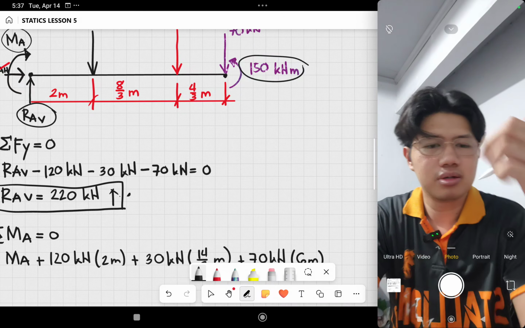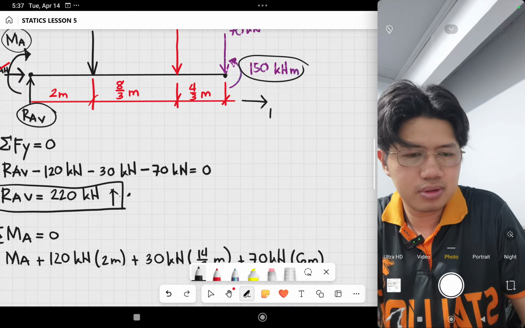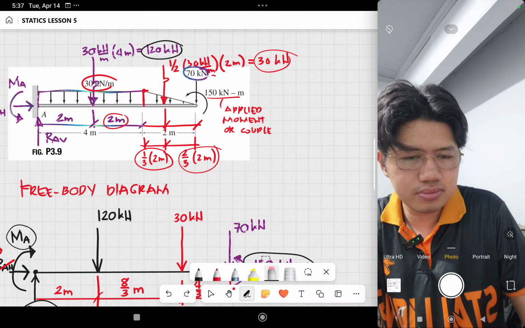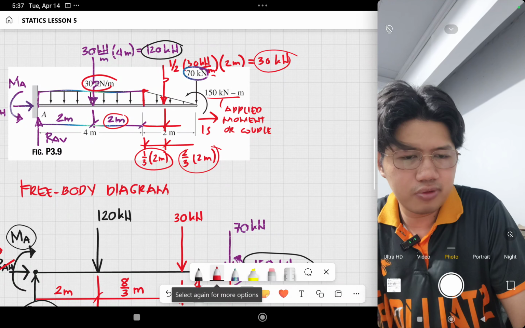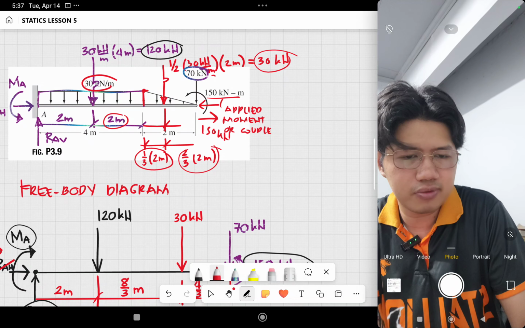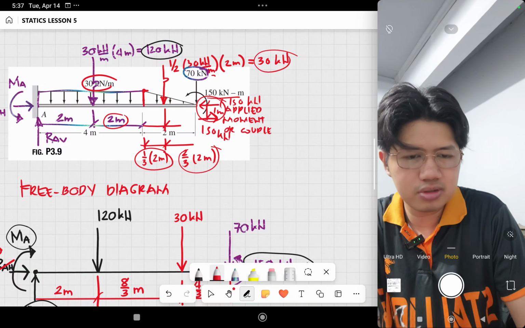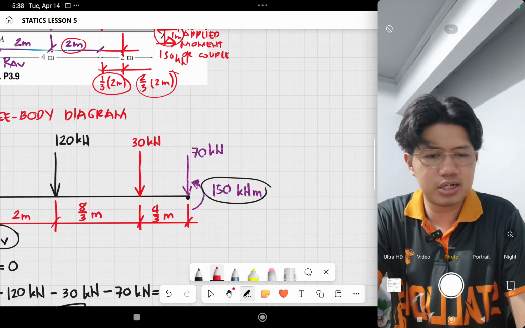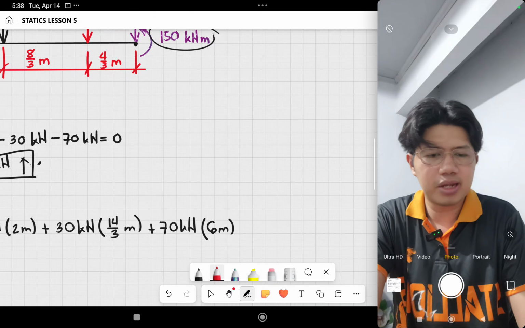So kung meron kang 150 na force on this direction and 150 na force on this direction, sabihin natin 1 meter yan, ang kailangan mo lang is yun. Hindi mo kailangan yung distance niya papunta sa A. So, ito is na-transform na into an applied couple moment. So, ganun din. Hindi mo na siya kailangan applyan ng distance.